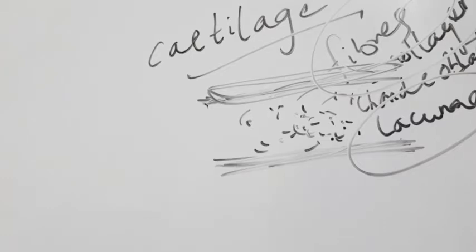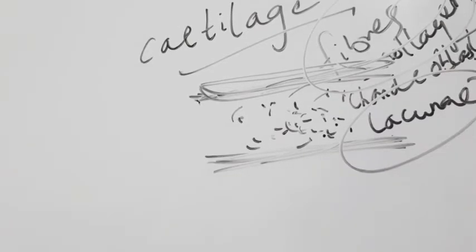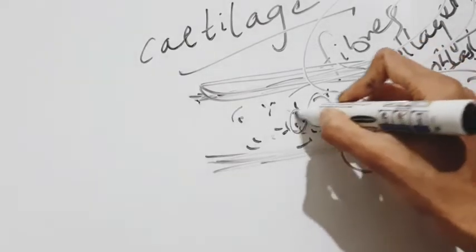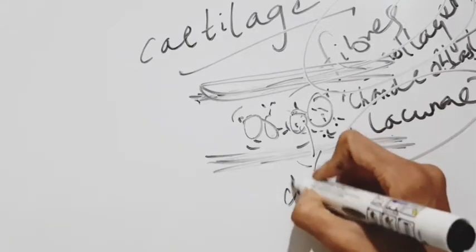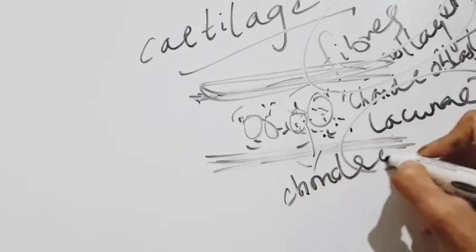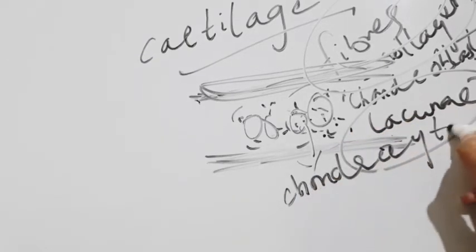Okay, so in this lacunae, some important living cells will be there, that is chondrocytes. Okay, chondroblast, lacunae, chondrocytes, these are the structures of the cartilage. You have to remember, if you get a question, three things will be there.